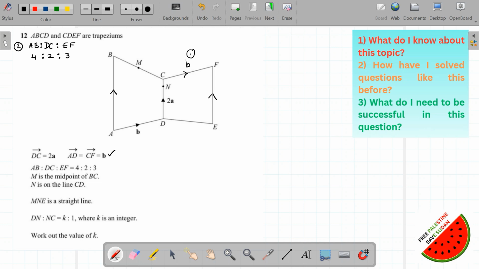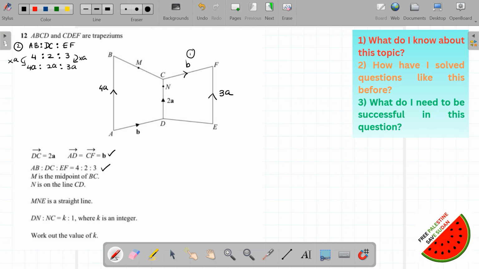Now we know already that DC is 2a, so essentially you're multiplying everything by a to get the actual vectors. So this will be 4a, and then this will be 3a. So AB is here, that'll be 4a, and EF is here, that'll be 3a. Okay, all of this is done so far.